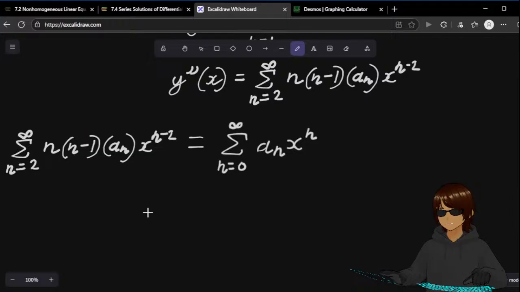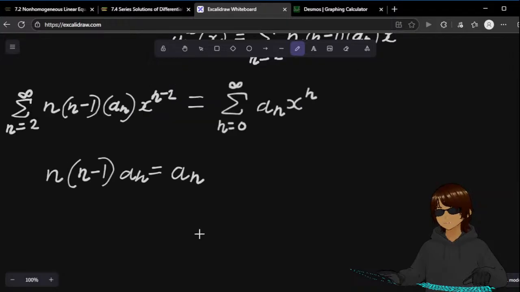So that means if I match all the x to the power of i terms, then I have n minus 1 a_n is equal to a_n, right? Or wrong? No, that's wrong.